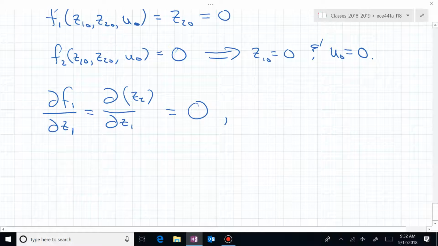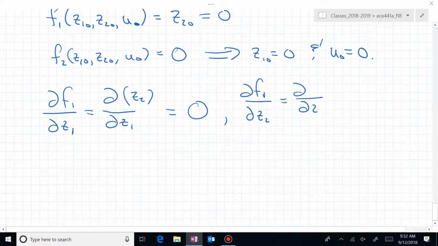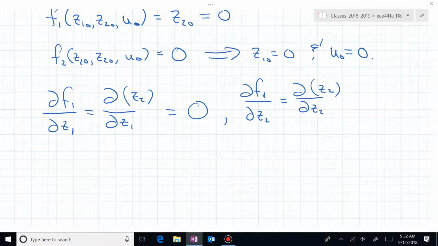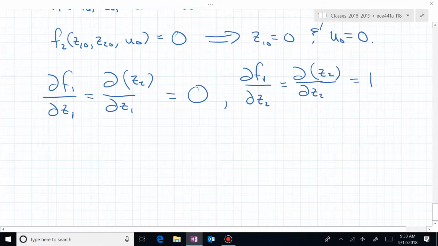What about the partial of F1 with respect to Z sub 2? F sub 1 was Z sub 2. What's the partial of Z2 with respect to Z2? That's 1. And now we have one more partial associated with our F sub 1.